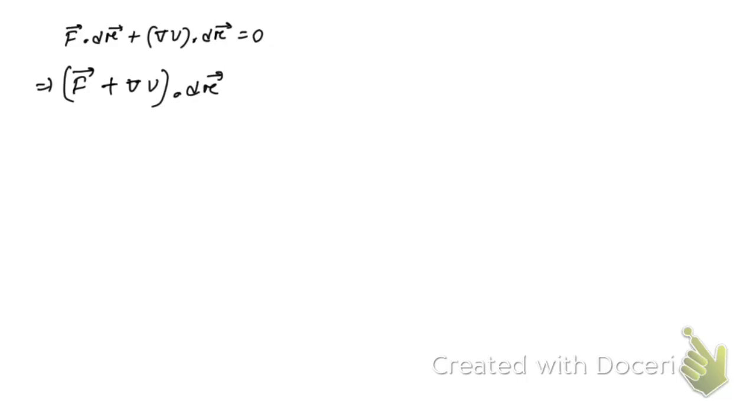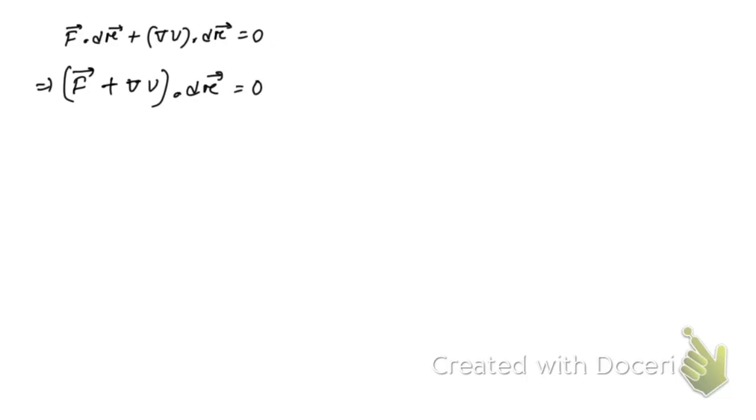Okay, so here you see, this can be written as F plus grad V dot dr is equal to 0.